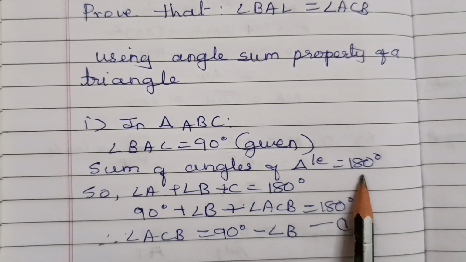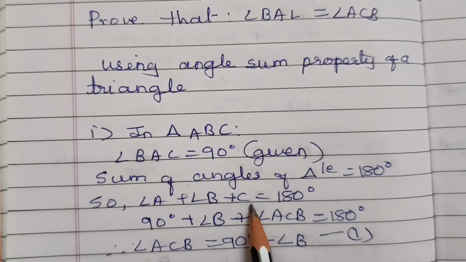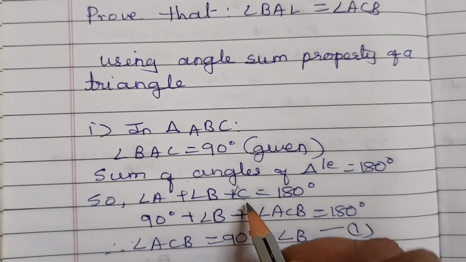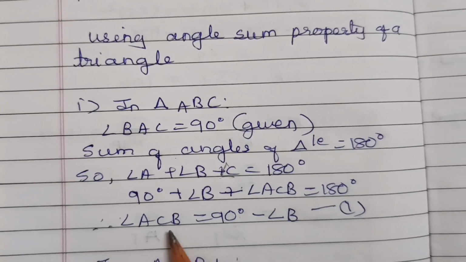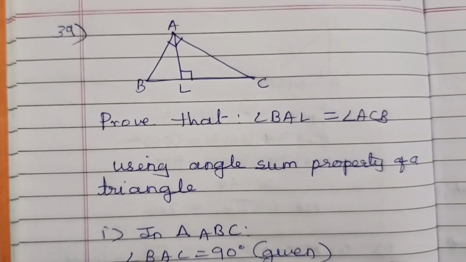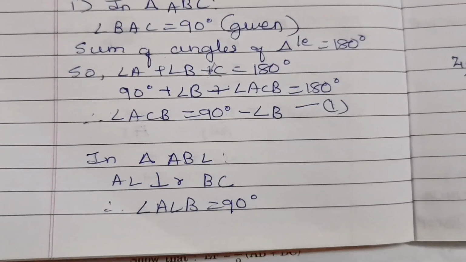The sum of the angles of a triangle is 180 degrees. Therefore, angle B plus angle A plus angle C is 180 degrees. So substituting the values here, we are getting angle ACB is equal to 90 minus angle B.